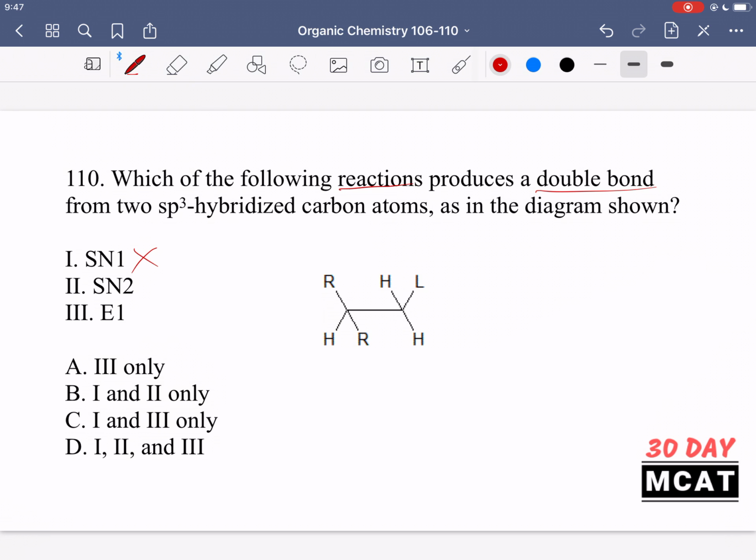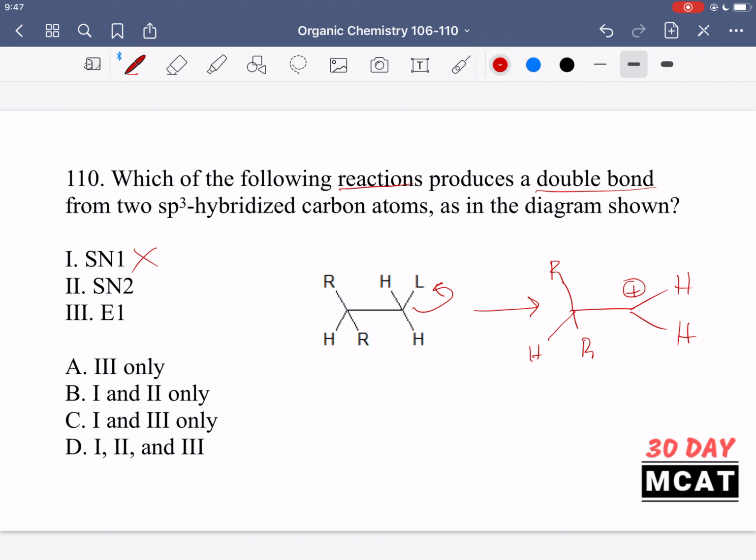In an SN1, what happens is the leaving group leaves, and then what we end up getting is a carbocation, which will look like this. Hydrogen here, and then some nucleophile is going to come and then attack that carbocation, and what we get is again two sp3 hybridized atoms.